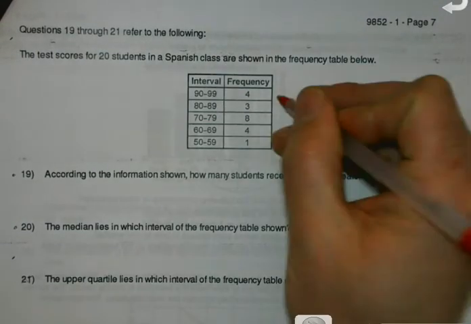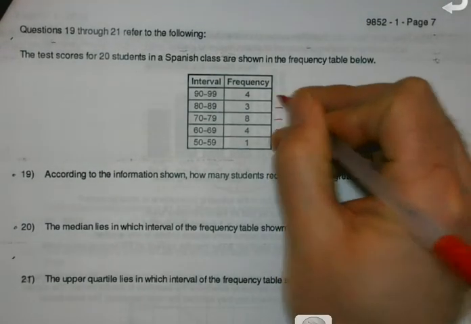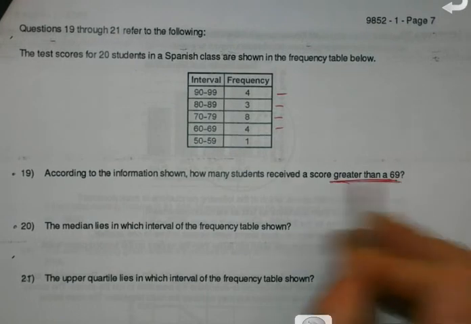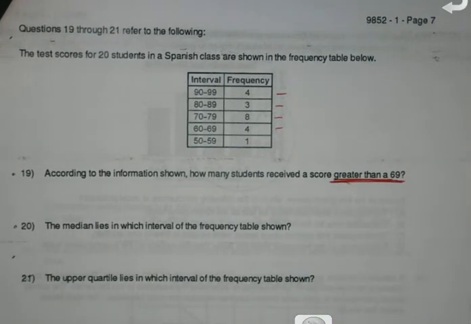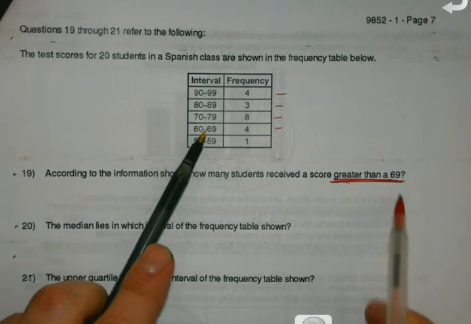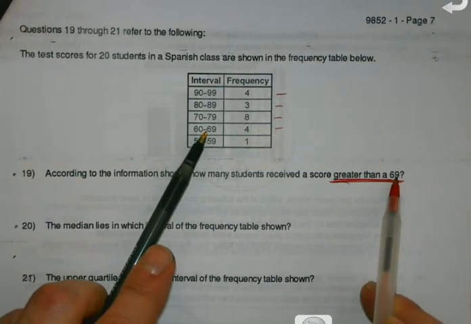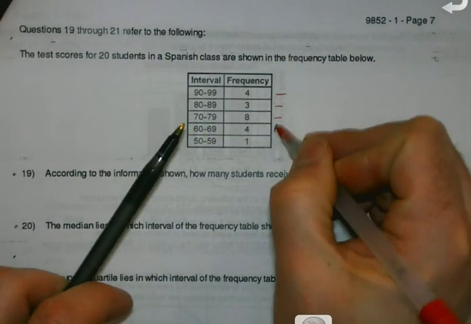Would I include all 4 of these groups? Would I include the 60 to 69 group if we're looking for numbers that are greater? No. Okay, I do not want this one.